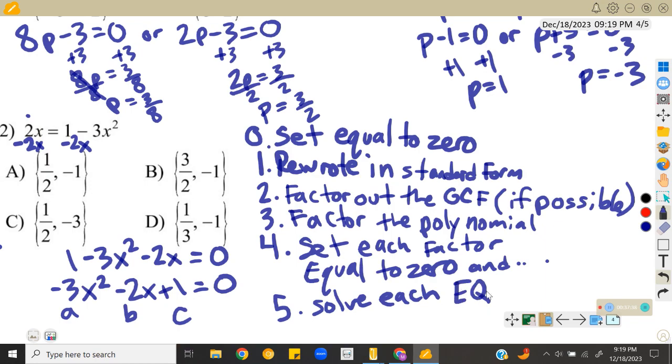So I took a moment to write you guys a list of things that probably would already be in your notes, but because it's the final, I decided you should have a list of things that would help you get through solving by factoring. What I want to do right now is finish this problem, and I know I'm going to have to erase all of it.